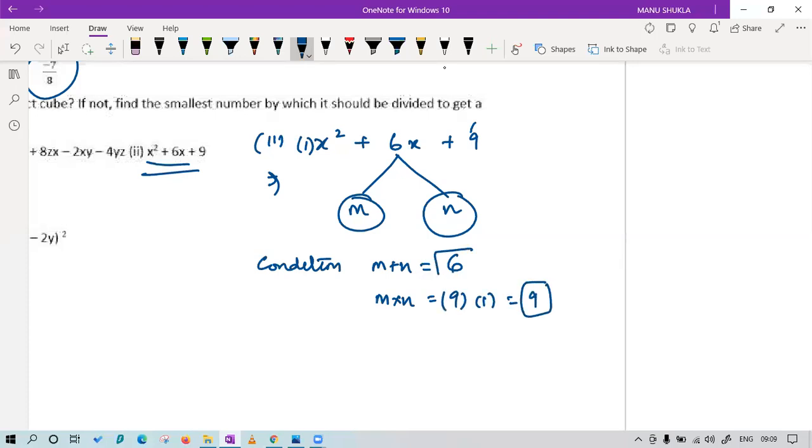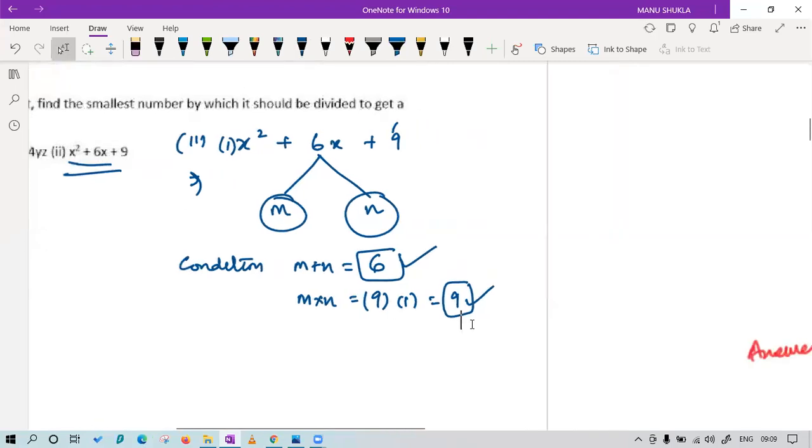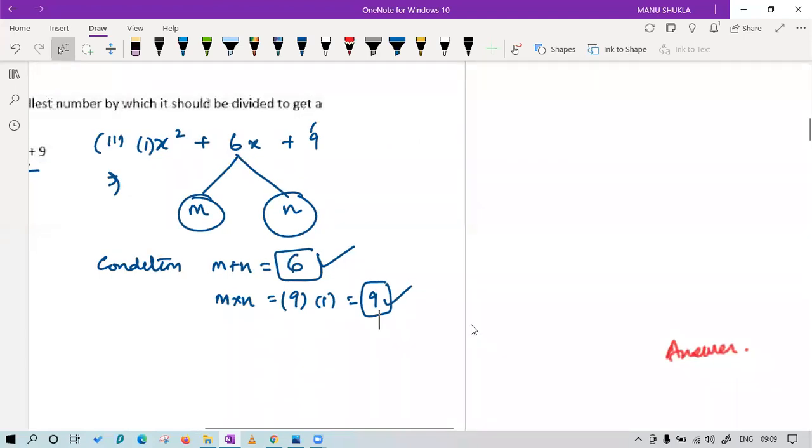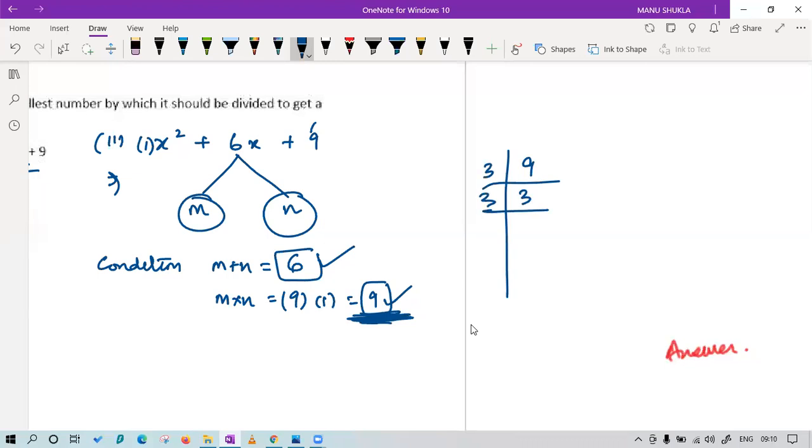So this is the condition, Prisha. We want the sum to be 6 and the product to be 9. Now what should we do? The next step is we will prime factorize 9. Very good. For the possible combinations, 3 3s are 9, 3 1s are 3, and that is done.